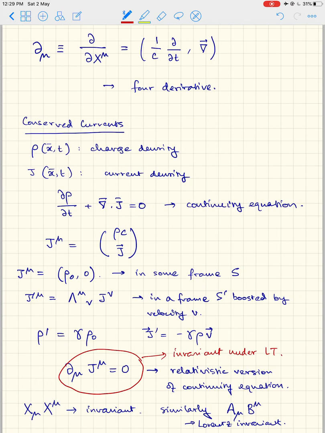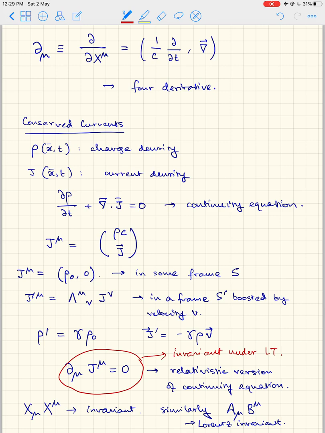Again, I will try and give you some more examples, and we will try to make this a little clearer as we go ahead.